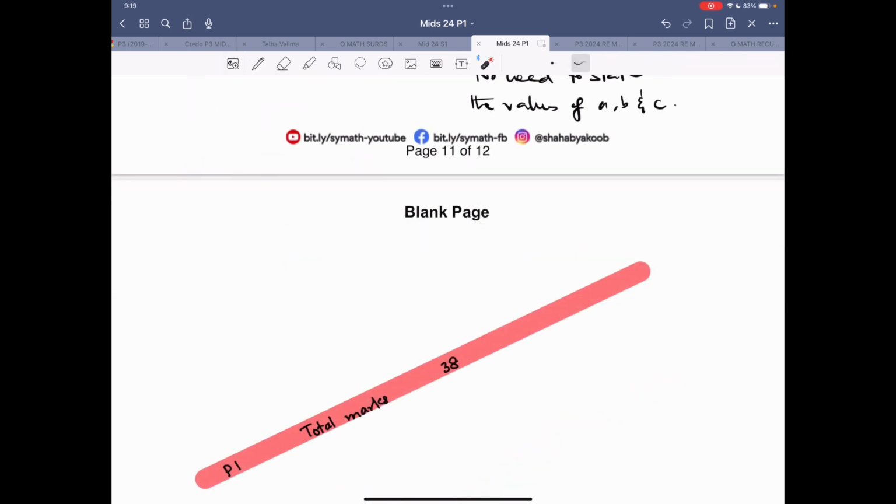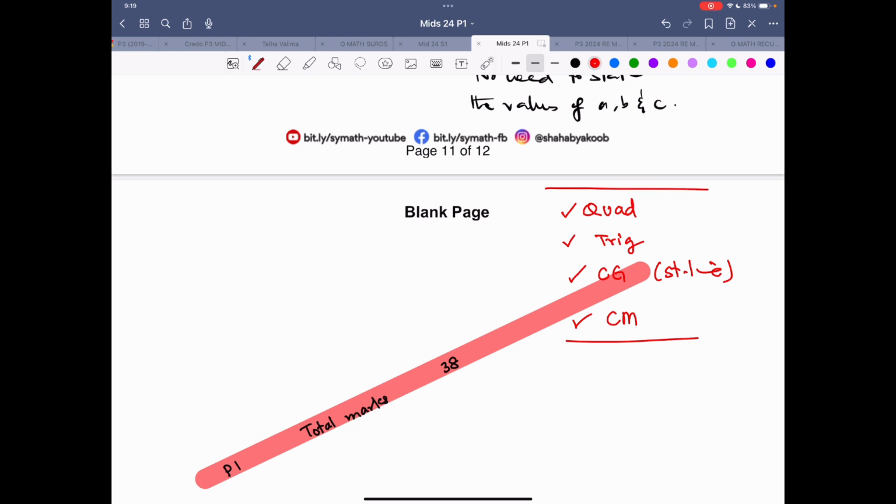So now this paper of P1 is completed. What did we learn in this paper? We solved a lot of questions related to quadratics, trigonometry, coordinate geometry, the straight line part, and circular measure. Out of these 3.5 topics, topic 1, topic 2, topic 3, and half of a topic, we made a paper worth 38 marks.